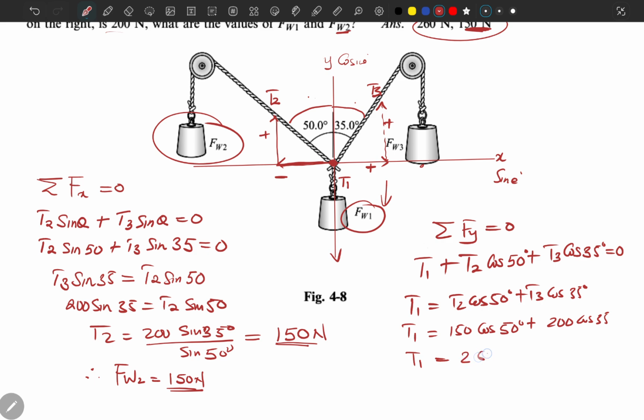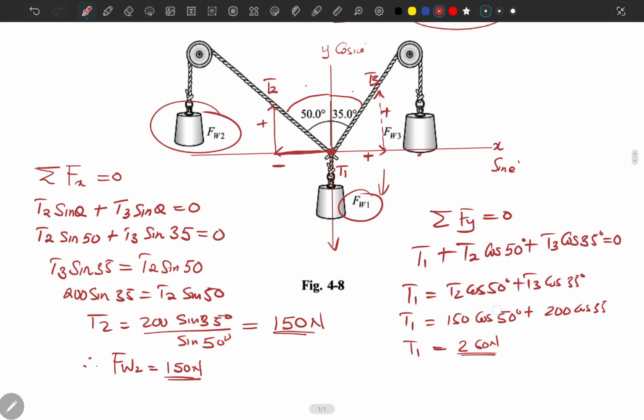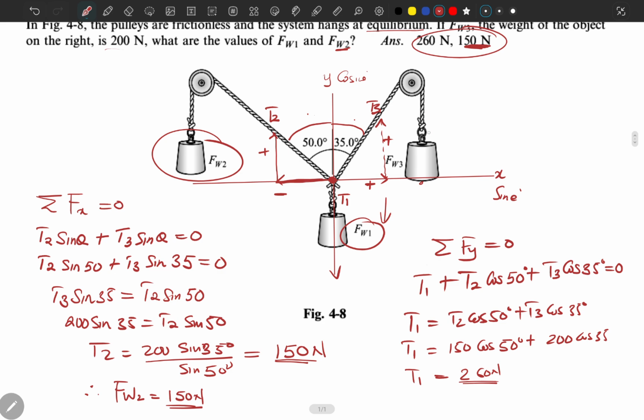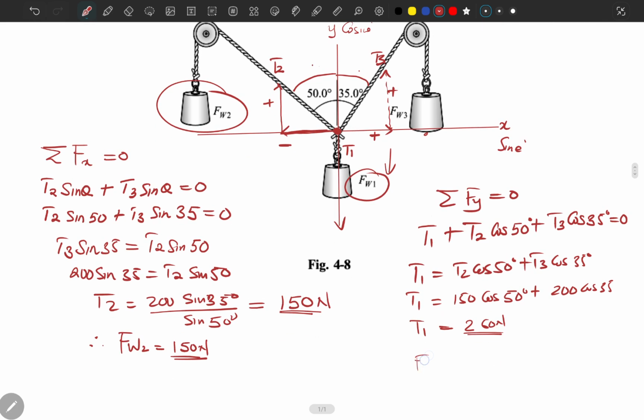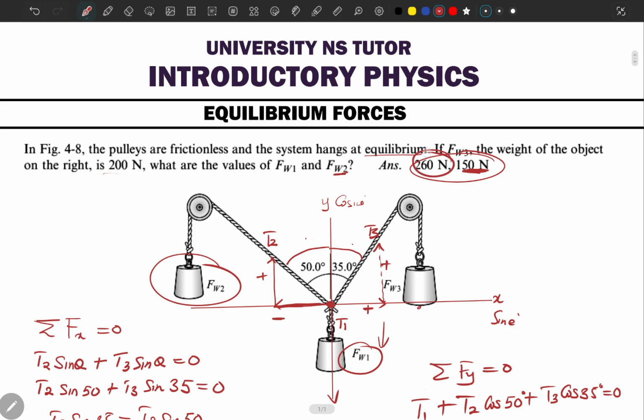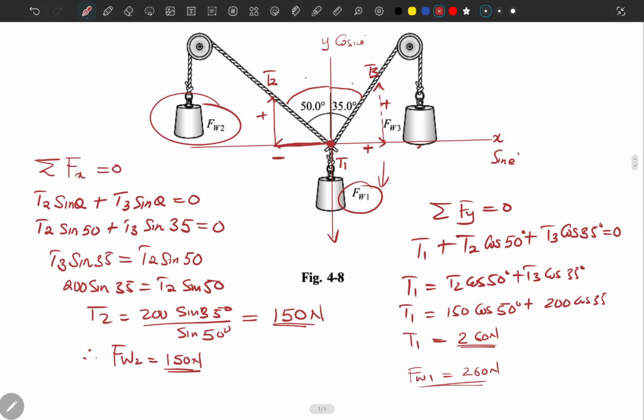I'm getting approximately 260 newtons. Because the tension equals the weight it is supporting, Fw1 is also equal to 260 newtons, which agrees with the answers given there. So this is how we use vector resolution in solving higher mechanics problems. You are welcome.